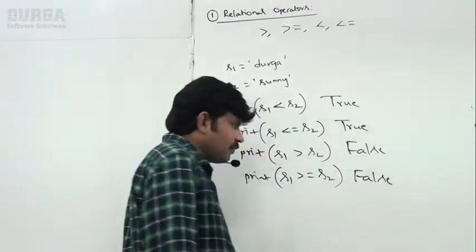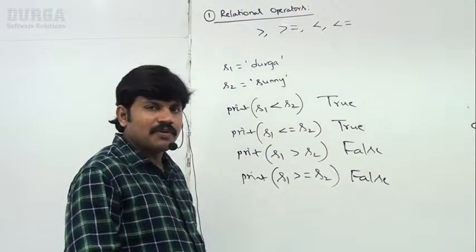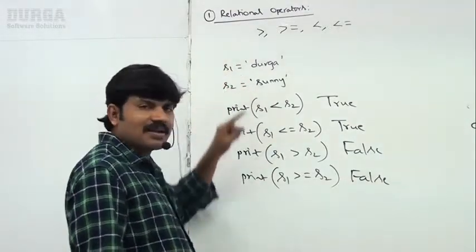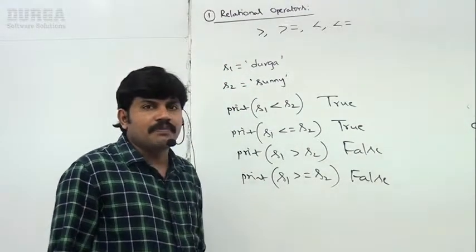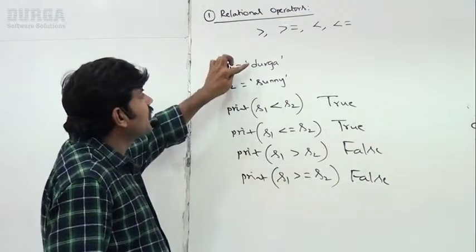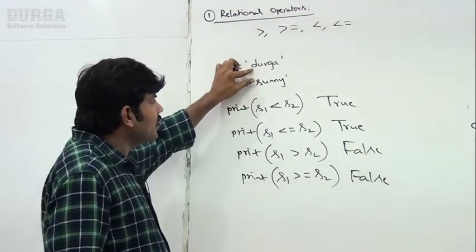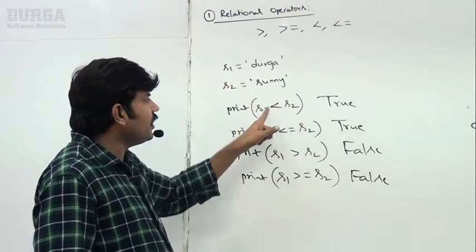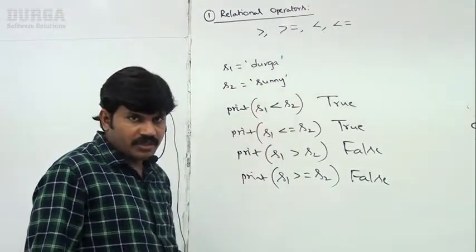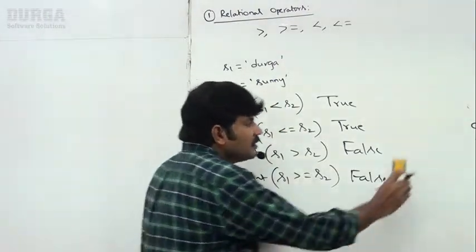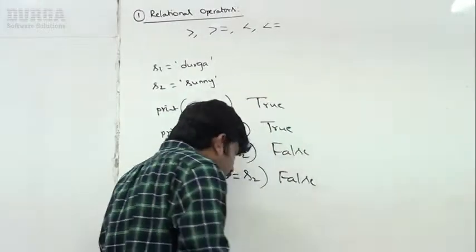False is the answer. Remember this one, more or less it is alphabetical order comparison, which is the Unicode comparison. In alphabetical order, d will come first and then small s will come. That's why d is smaller than s, so S1 less than S2 is True, as we are going to get. Observe, let me execute up to this. Have a look once.